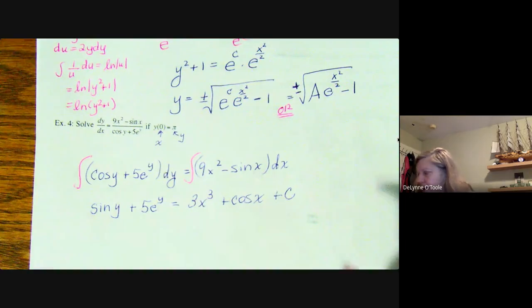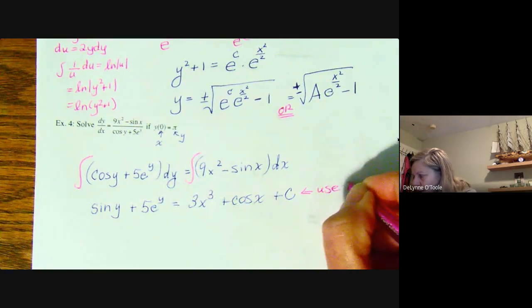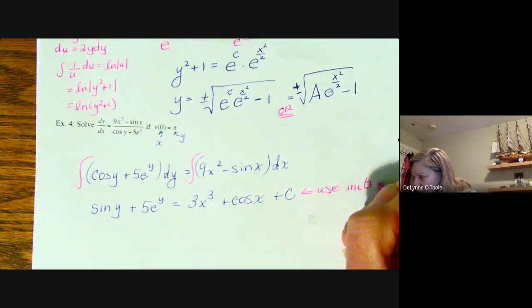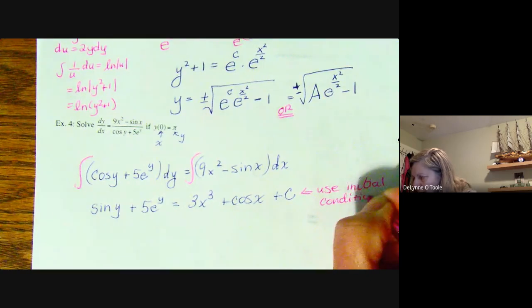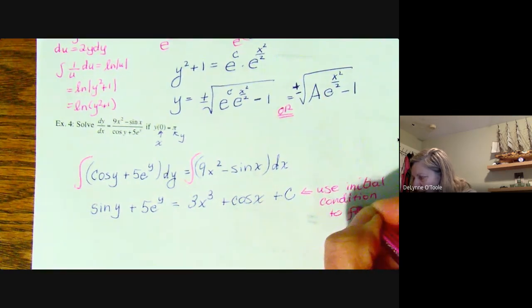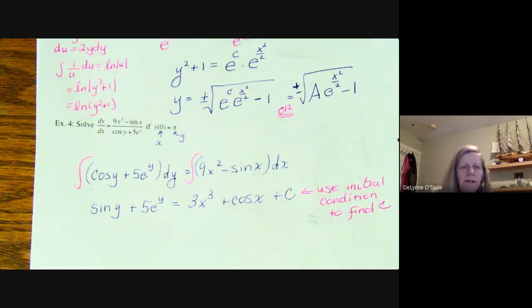Okay, and so now I'm going to use the initial condition right at this point to find c. I always find c before I solve for y because it's often easier. You can solve for y first and then calculate c, but I'm just going to do it right here.